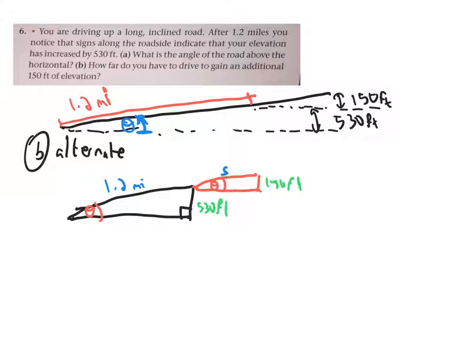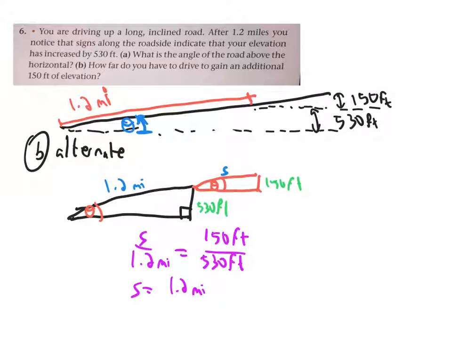And so we could write an equation that reads S is to 1.2 miles as 150 feet is to 530 feet, and then solve that and say S would be 1.2 miles times 150 feet over 530 feet, which comes out to be, hopefully not surprisingly, 0.34 miles. And we can do that without ever getting the angle. All we care about is the angle is constant. Either way is fine.